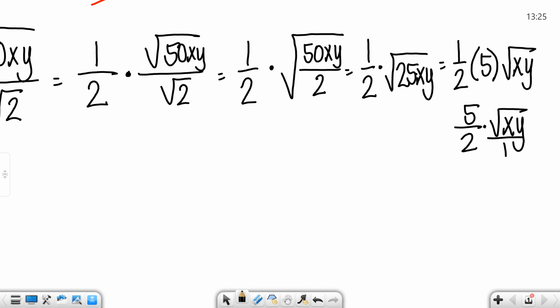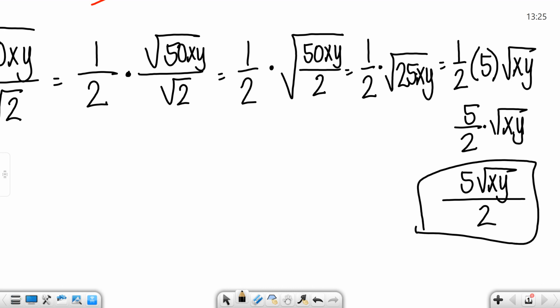Or I could think about it like this, and I could say 5 times the square root of xy, divided by 2. And my math lab would take either answer there. Now, if you're going to write it as this answer, then you can't put the 1 down there, because that would not be simplified. So my math lab will take either this answer or this answer. They're the same.